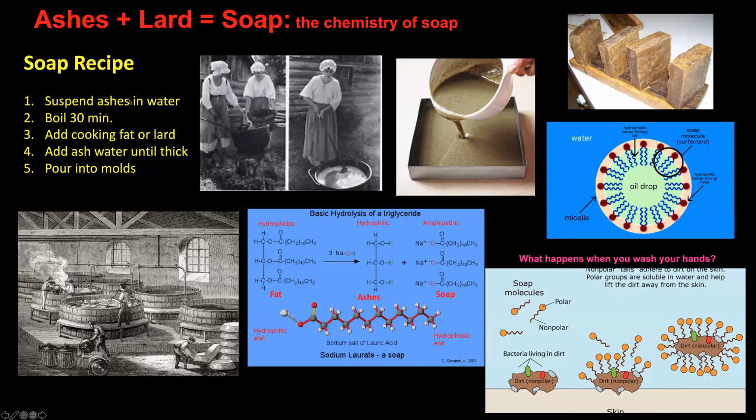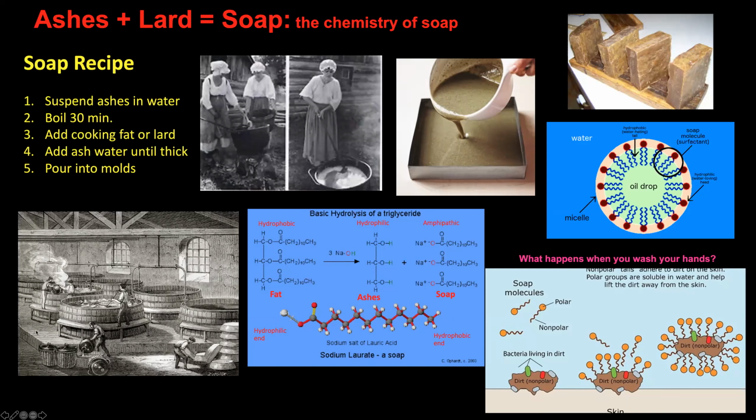Go to your fireplace to get some ashes, boil them in water, add some fat or lard, and pour it into molds, and you get soap. And here you see pioneer women with big pots containing these substances, making soap, and it can be hardened and cut into bars, and this is primitive soap.